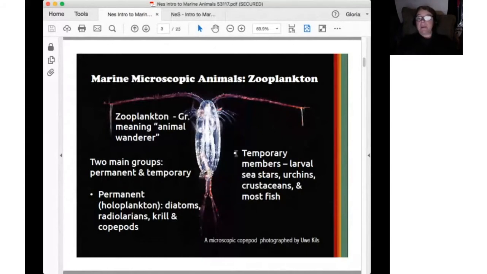Now, the temporary members include larval sea stars. Does anyone know what larval means? Go ahead in the chat box. And I want to try and see if I can look at chat and the presentation at the same time. Okay, and if you don't know, that's okay.